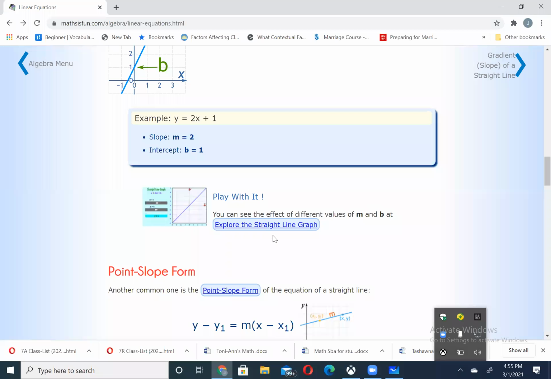Let us see if we can explore the straight line graph, so we can see the effect of different values of m and b.